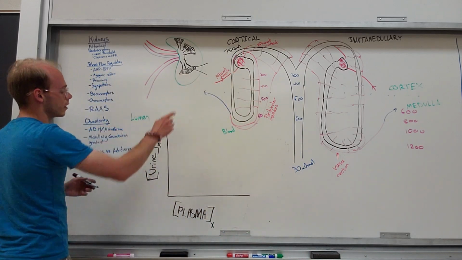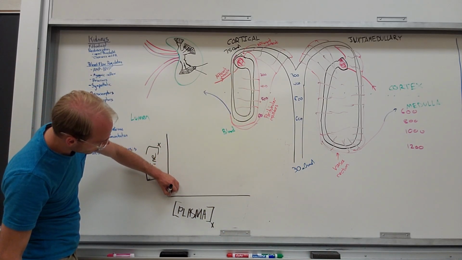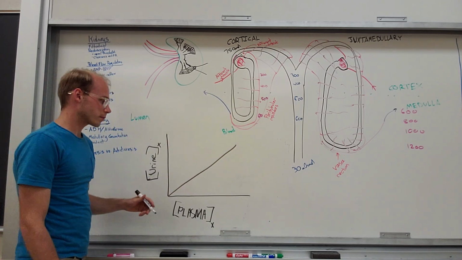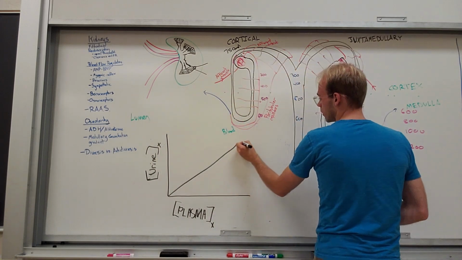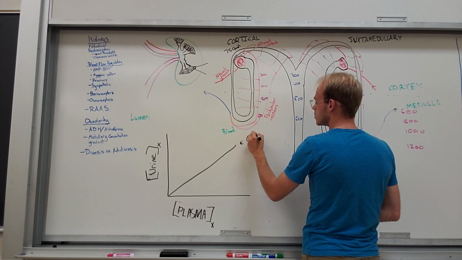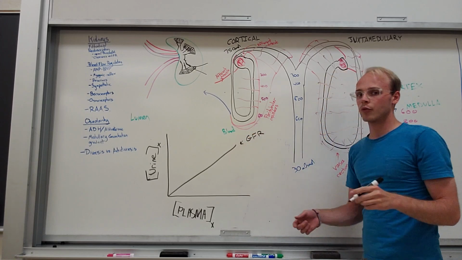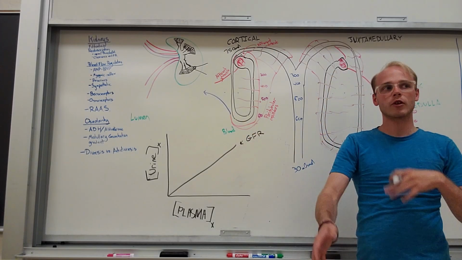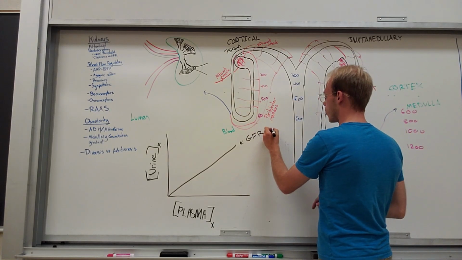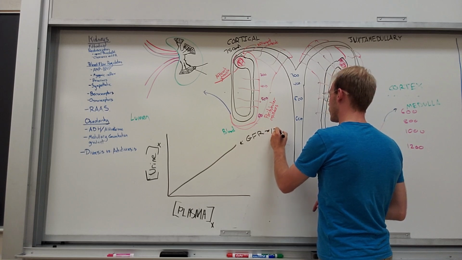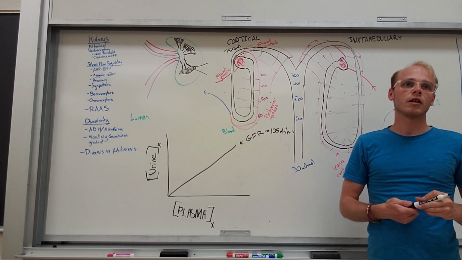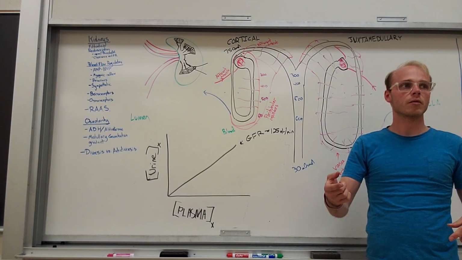When we have something like inulin, as we increase the amount that's in our blood, it increases by the same amount that's in the urine. And so this accurately reflects the glomerular filtration rate, how much stuff is being filtered in the glomerulus. Overall, this ends up being approximately 125 milliliters of solution per minute.